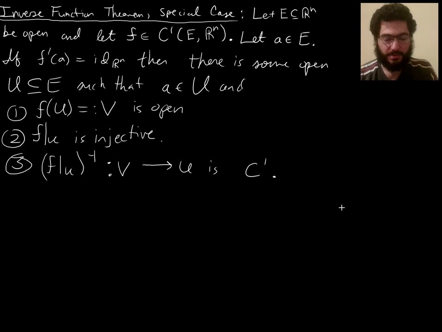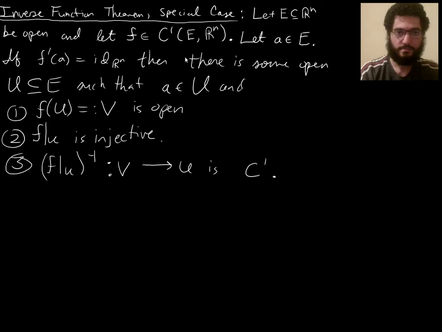So then not only is it saying F is invertible near to A, but is differentiably invertible. The inverse is differentiable and even continuous, with continuous derivative. Okay, so again, this is a special case, and the reason is I'm not assuming F prime A is invertible, I'm assuming much more, that it's actually the identity.